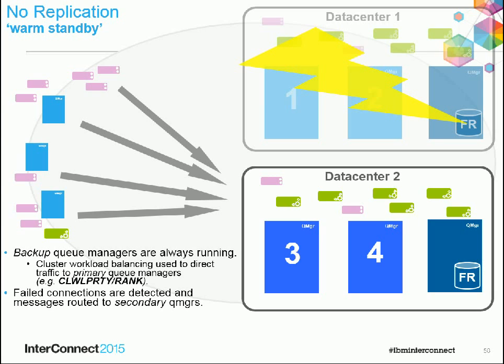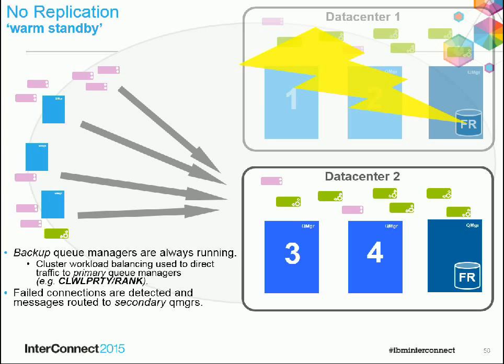Now, rank is very similar to priority in that we'll always send messages to the higher ranked instance of queues or channels within a cluster. The difference is that priority routes dependent on whether the channel is available to the different targets where you have different priorities. Rank doesn't take the channel liveness into account.